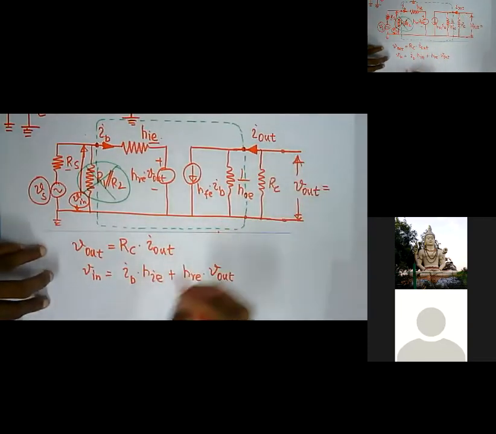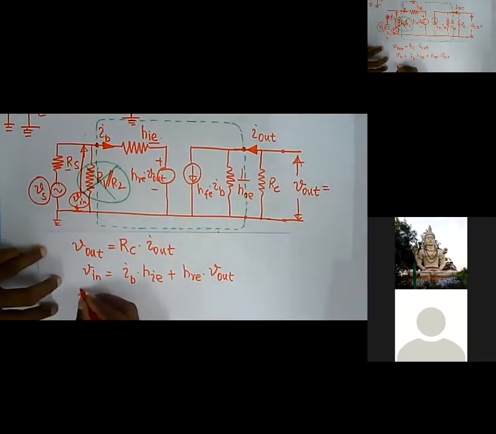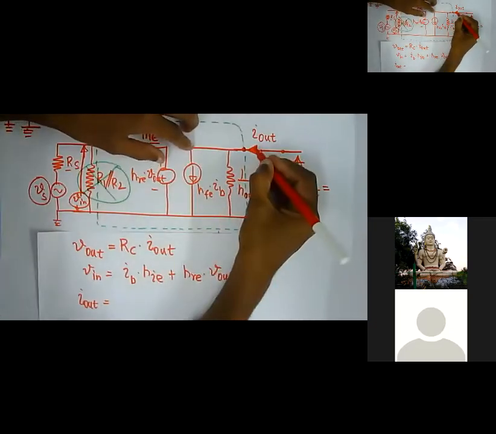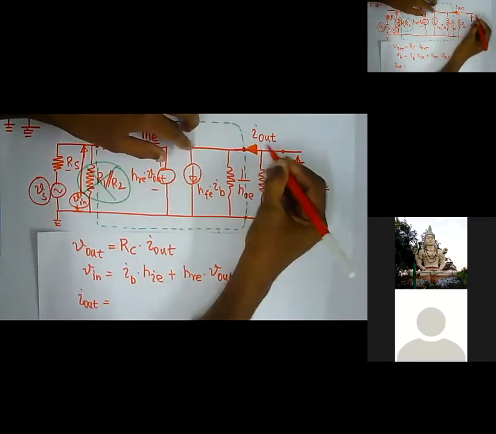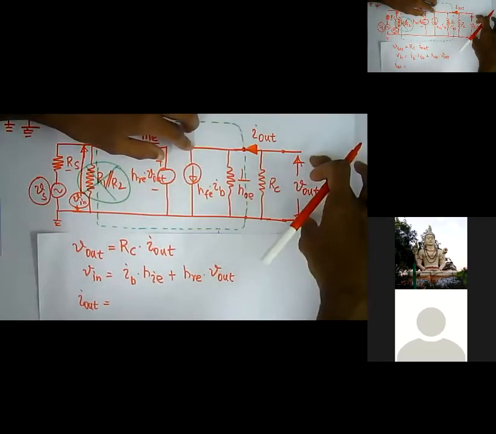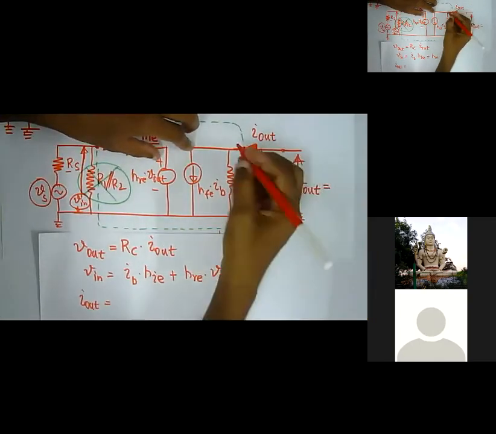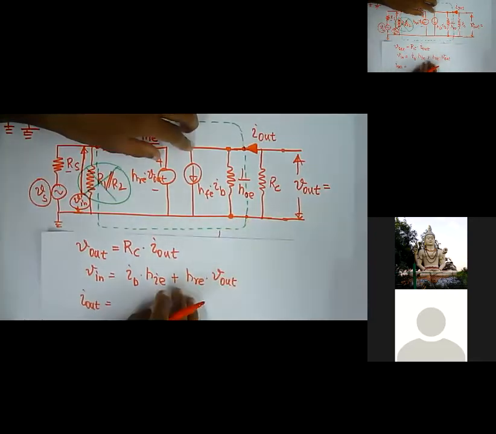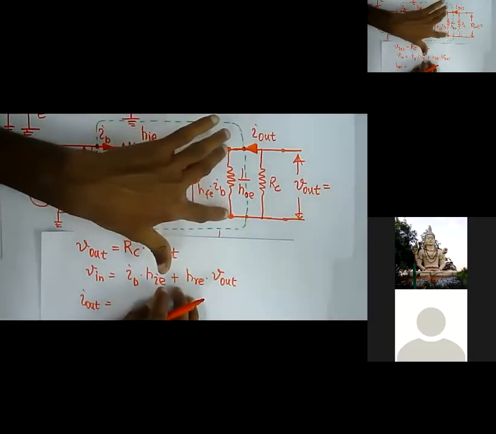Similarly, I can write my I out. If this is I out and this is V out, the voltage across this branch is V out.